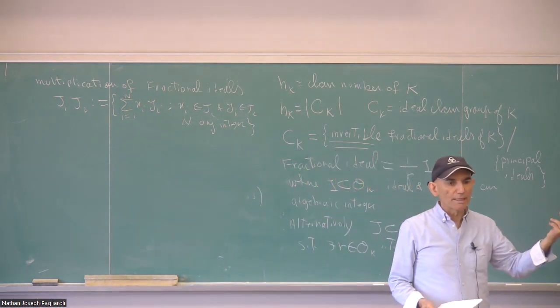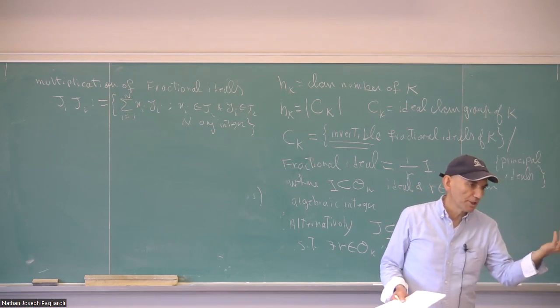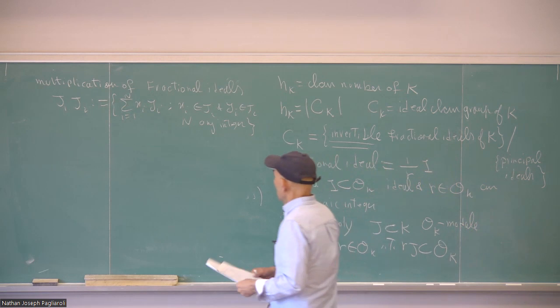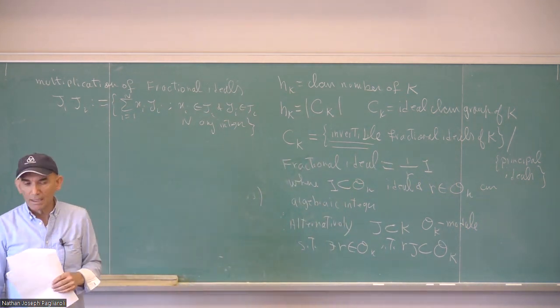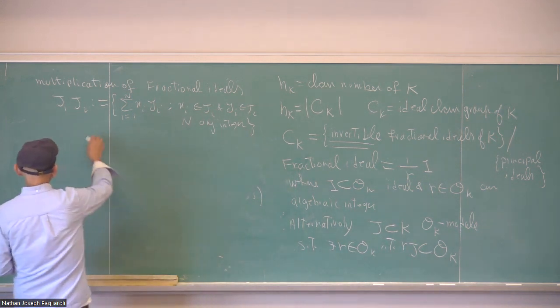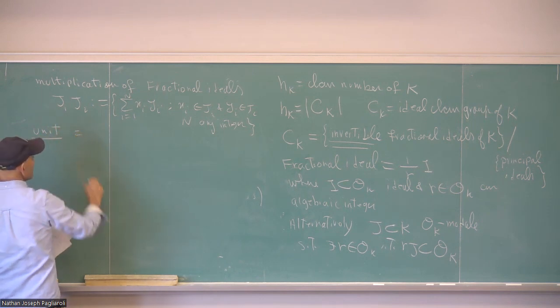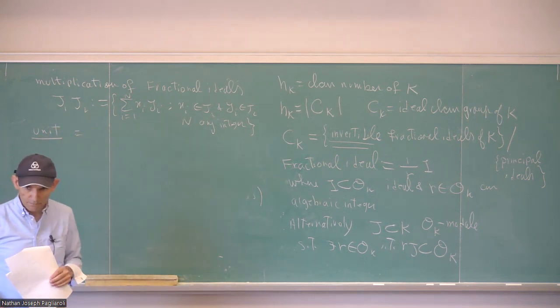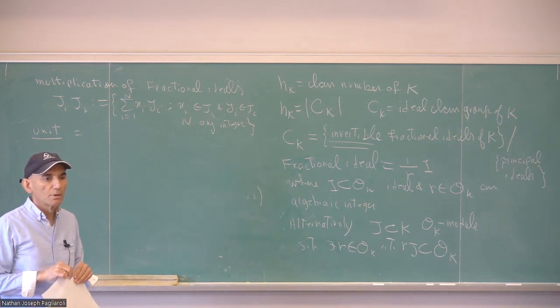Obviously, this product is associative and is commutative because the ring is commutative, right? The problem with this product is that there is a unit here, right? So what is the unit for this product?